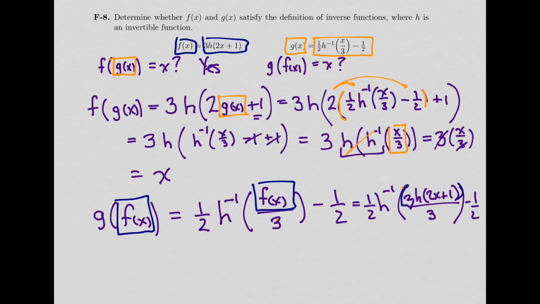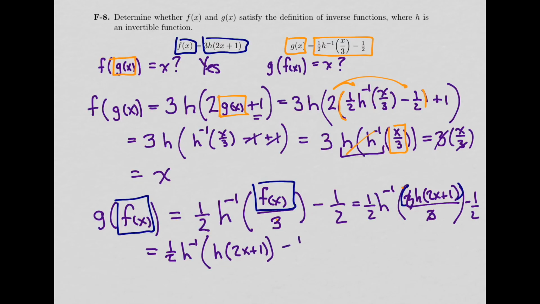So this is my f of x, and inside these parentheses, notice h and h inverse do not cancel yet, because h inverse does not have h as its input, it has some formula. But the 3 cancels, so that I get 1/2 h inverse, the function that gets as its input h of 2x plus 1. Aha, there's my inverse composition.